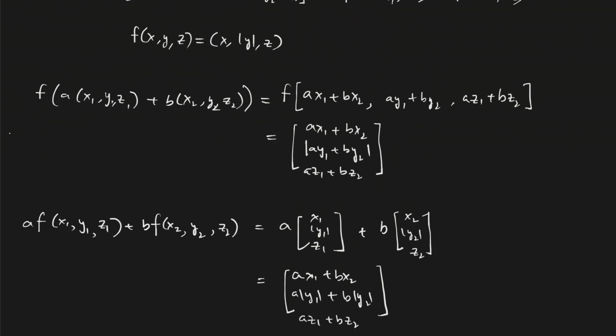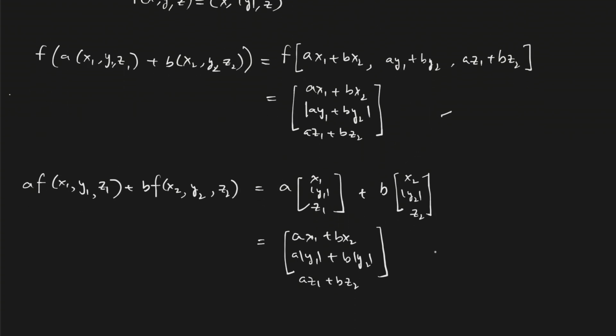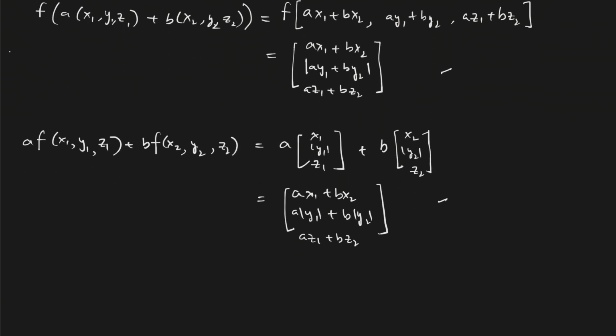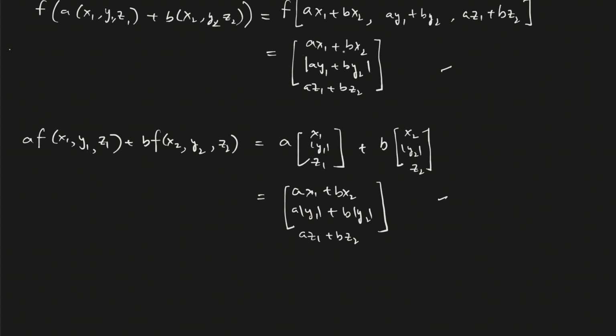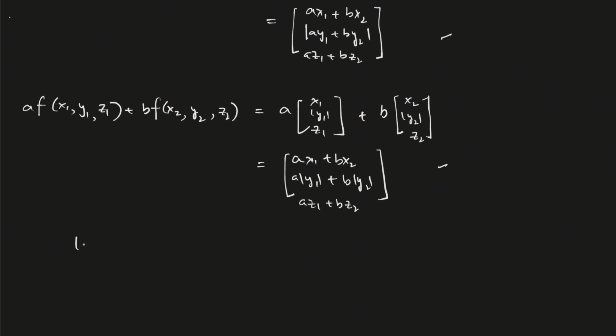Now are these two terms the same, this one and this one? No. Why? Because in this three-dimensional vector, the first coordinate is the same, ax1 plus bx2. Even the third value is the same, but the second value is not the same. Why? Because mod of ay1 plus by2 is not equal to a times mod y1 plus b times mod y2.